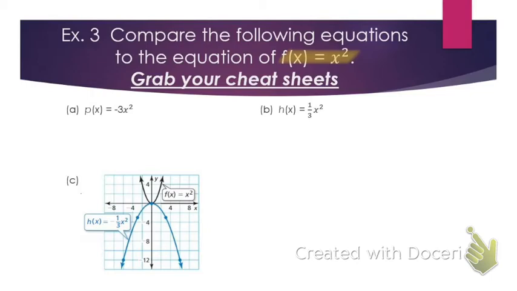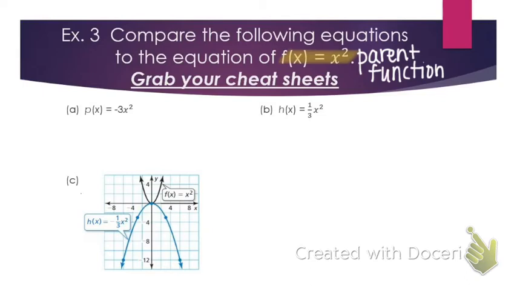No? Okay. Remember, we called it the parent function. Because remember, before we can figure out the transformations, we have to be able to find and identify the parent function each time. So x squared is the parent function. Something is going to be done to this parent function, and that's what we're trying to figure out.